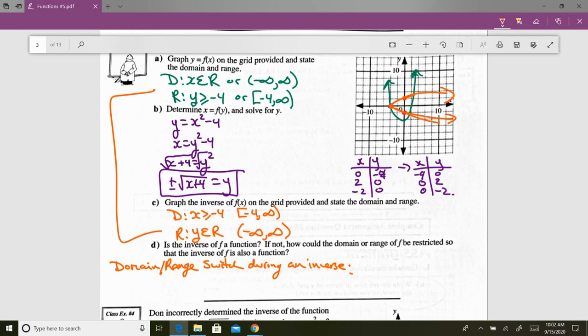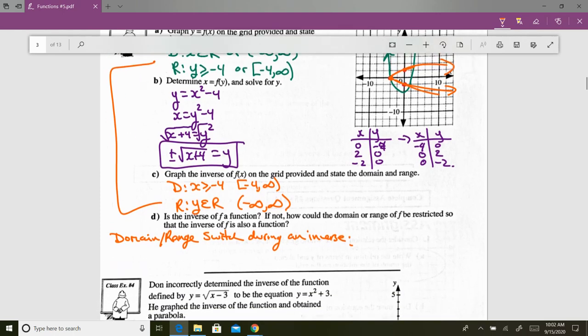Okay. Is the orange thing, the inverse, a function? No, because if I drew a vertical line, I'd hit it multiple times. So the inverse is not a function.